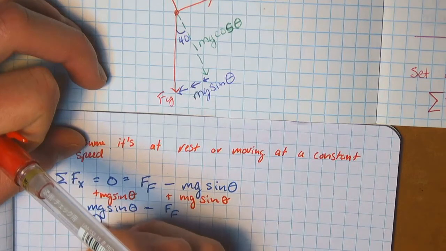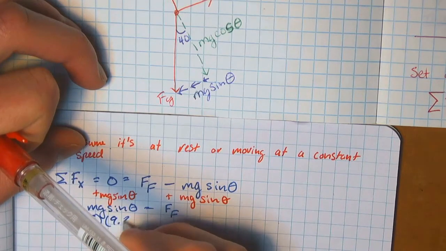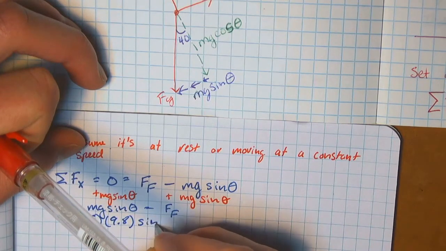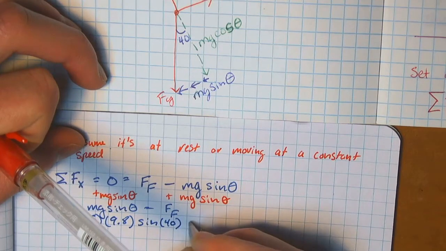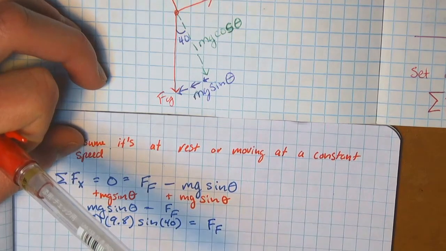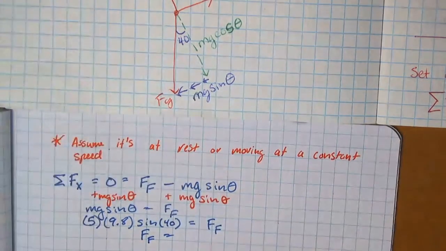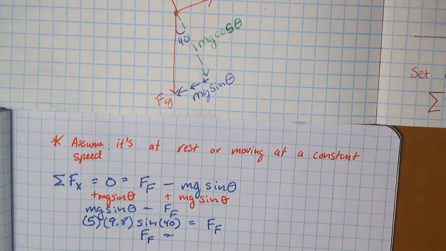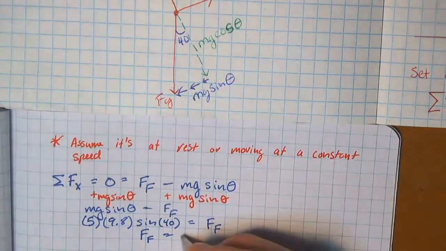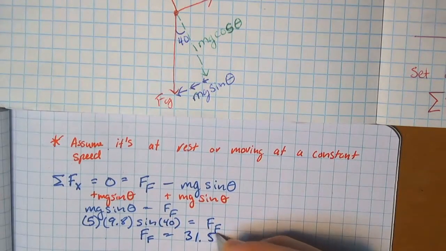That's going to be 5 kilograms times 9.8 times sine 40 degrees is equal to force of friction. Then simply type that into your calculator: 5 times 9.8 times sine 40 degrees. It's just going to give you 31.5 newtons.